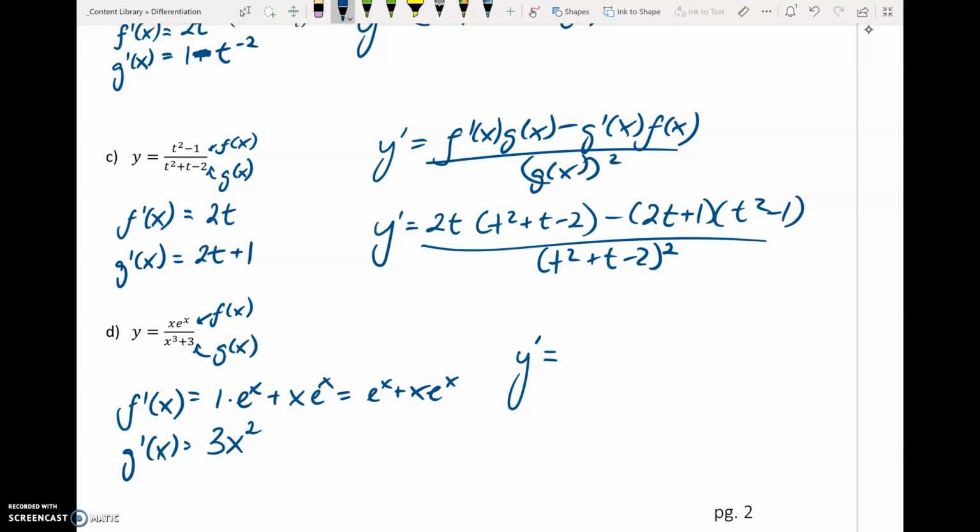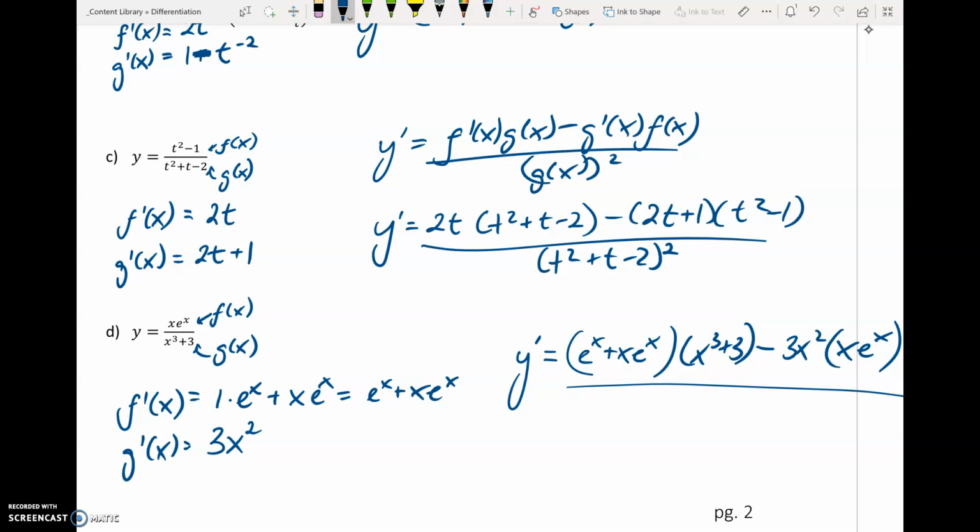F prime of x is e to the x plus x e to the x multiplied by g of x, which is x cubed plus 3, minus g prime of x, which is 3x squared, multiplied by f of x, which is x e to the x, divided by g of x squared. So g of x was x cubed plus 3, and then we're going to square that.